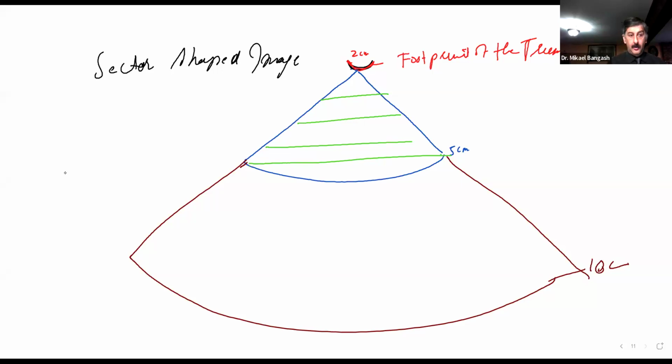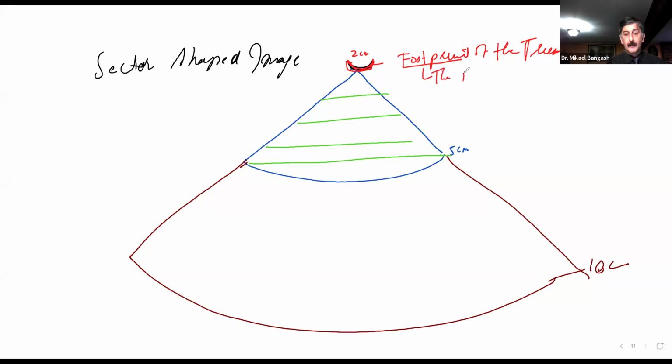Although your transducer only had a footprint, a surface area that came in contact with skin, which was 2 centimeters. That's what we mean by the footprint.